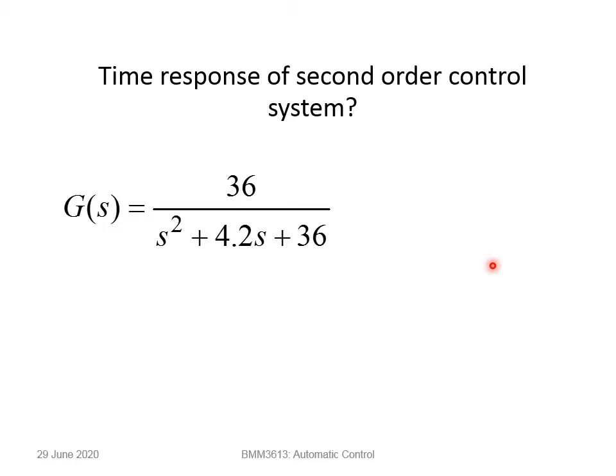So let's try it out. Imagine we want to write our transfer function in a form with omega n and zeta, natural frequency and damping ratio. Imagine we have a new transfer function of 36 over s squared plus 4.2s plus 36.